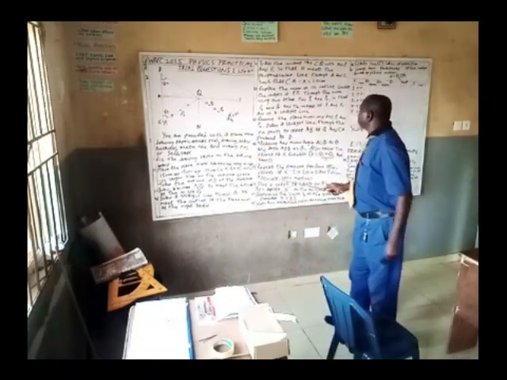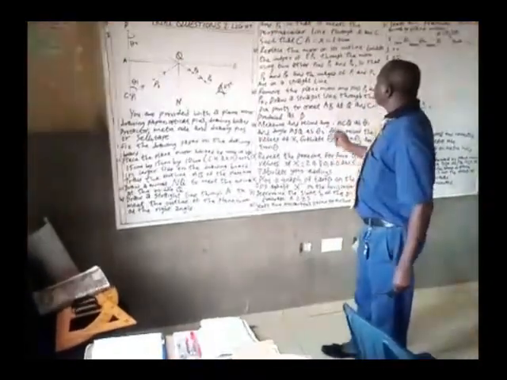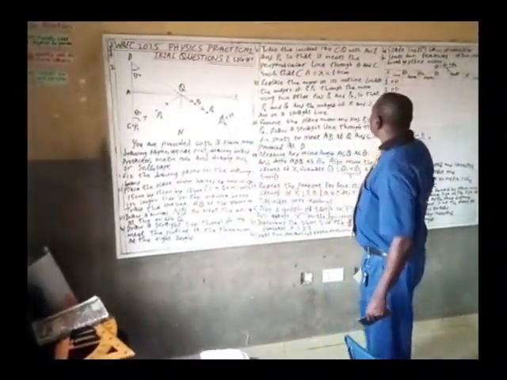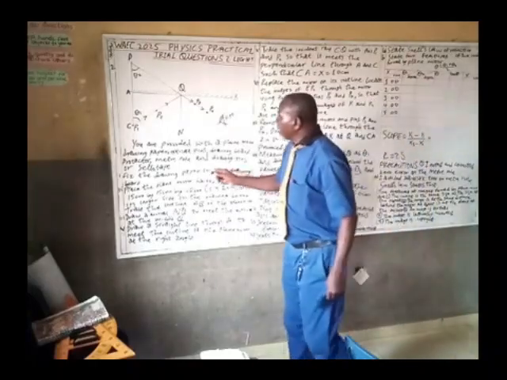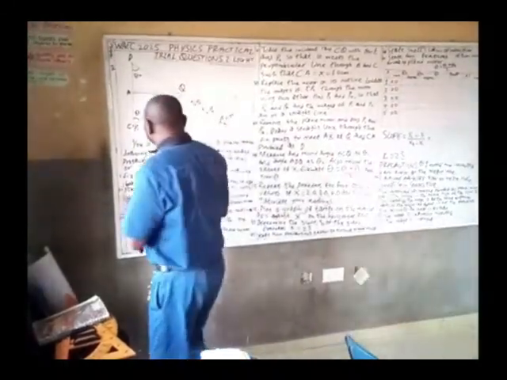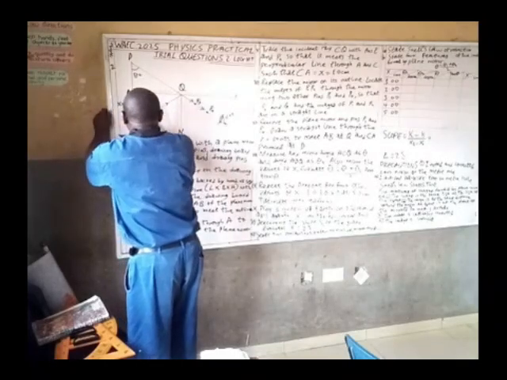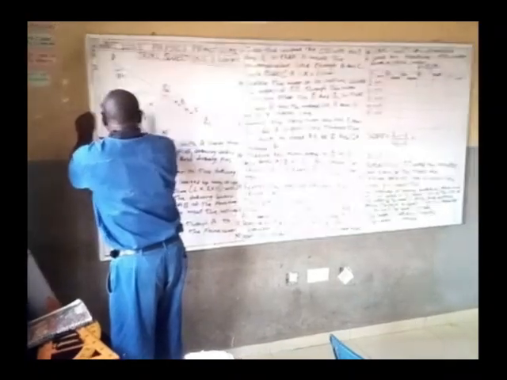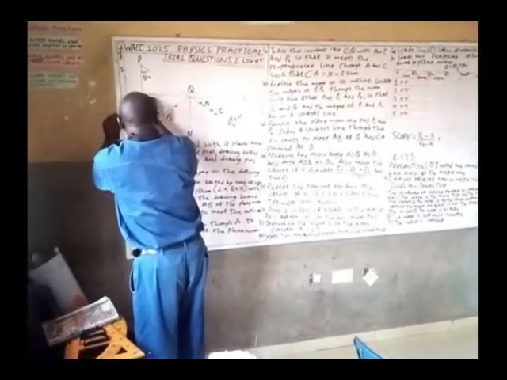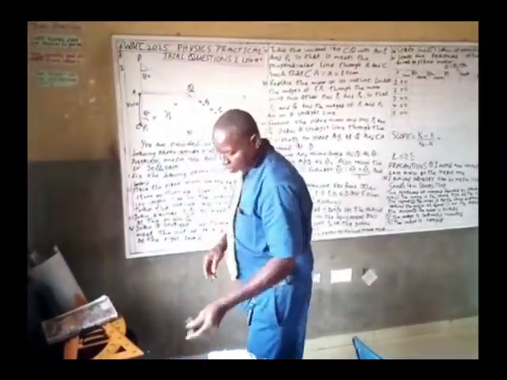Trace the incident ray CQ with pins P1 and P2 so that it meets the perpendicular line through A at C, such that CA is equal to X, is equal to 1.